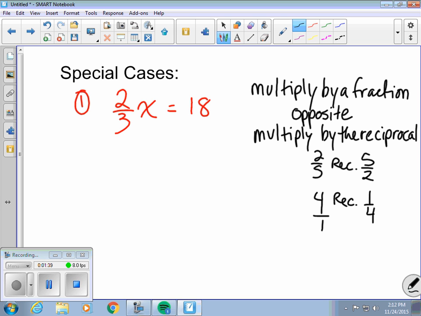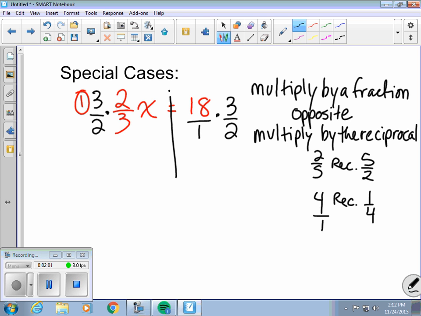And so in order to solve this problem, I'm going to multiply by the reciprocal. I have 2/3, so I'm going to multiply by the opposite, on both sides. Notice how I'm lining it up with the 18. I'm going to put 18 over a 1.